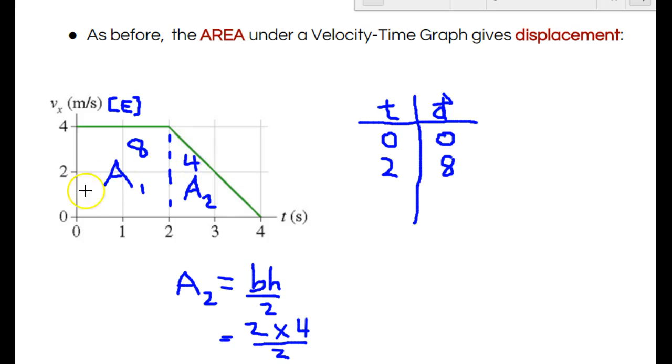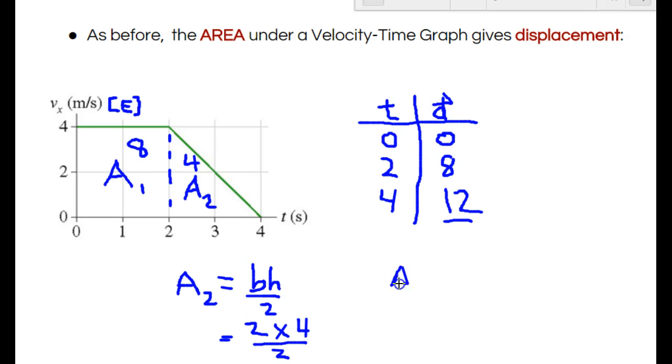And so after a total amount of time of 4 seconds, I've moved not only the 4 meters, but the 8 meters before it, to give me a total of 12 meters worth of motion. So I know that the displacement for the entire trip is 12 meters.